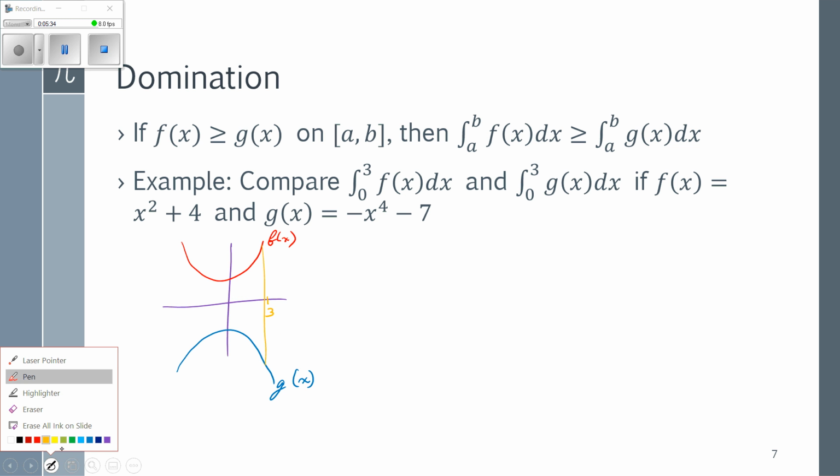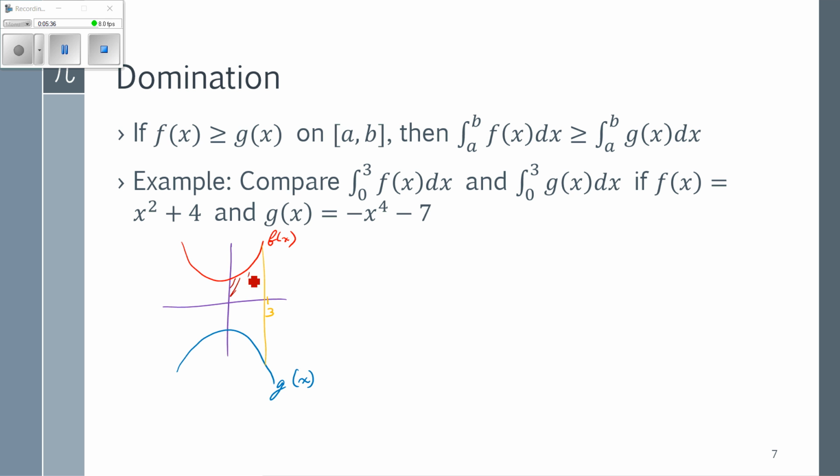just looking at this, I can already see that, okay, yeah, f is above the x-axis, that's going to be positive, whereas g is below the x-axis and will be negative.